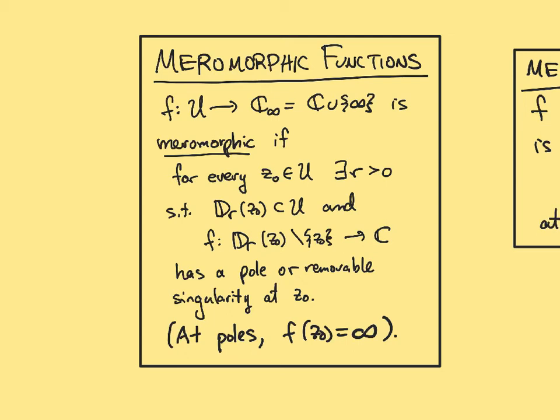Meromorphic functions are defined as follows. A function from a domain U inside of C, which maps into C infinity, which is the complex plane union the point infinity, is meromorphic if for every z0 in U there exists an R and a disk contained in U such that F restricted to the punctured disk there has either a pole or a removable singularity at z0.